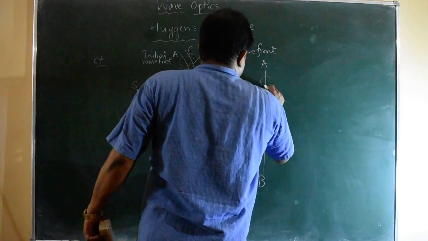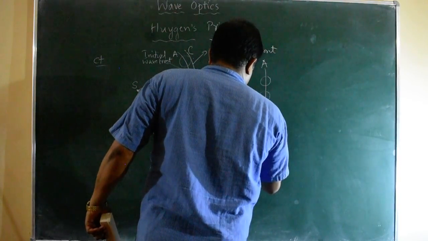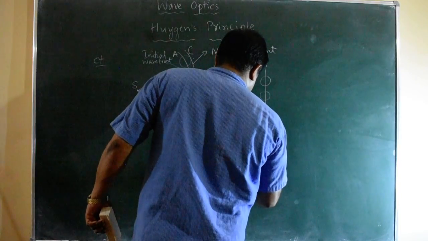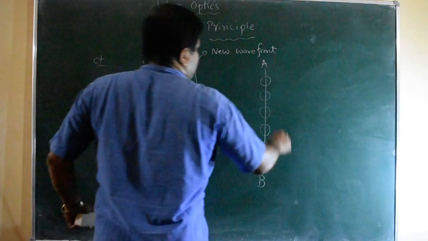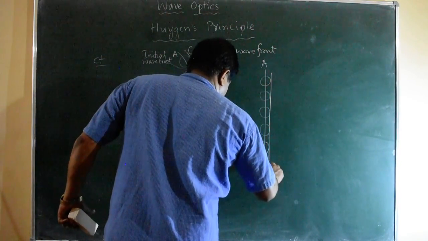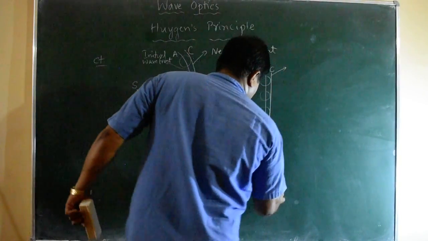Now the secondary wavelets originate from all the points on this surface. Secondary wavelets advance in all directions. The new wavefront is obtained by drawing a tangential surface to all the secondary wavelets. So this is the CD.